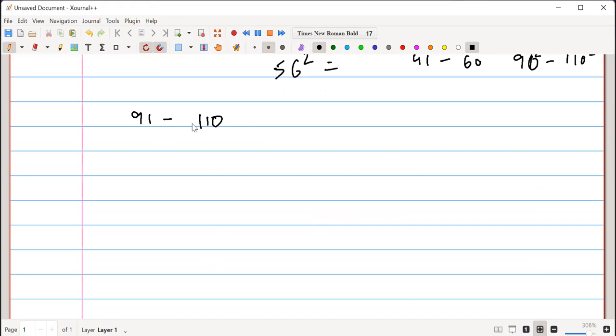Any other number? 107 squared is 11,449. 108 is 11,664. 109 is 11,881.